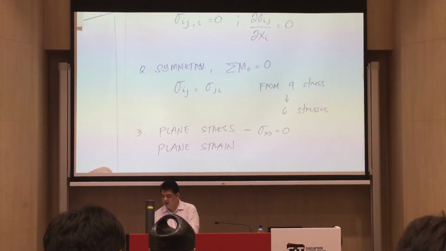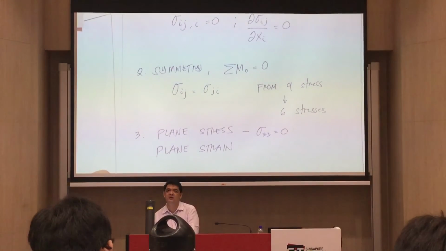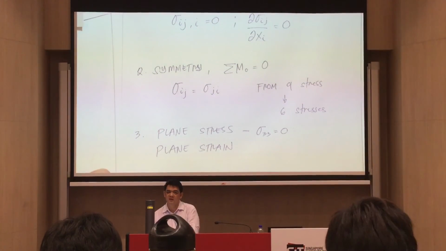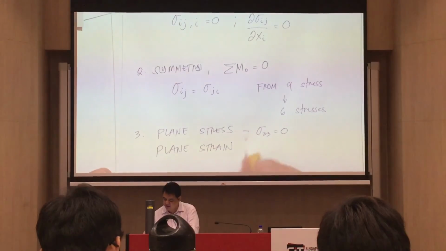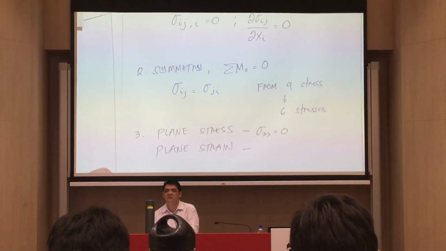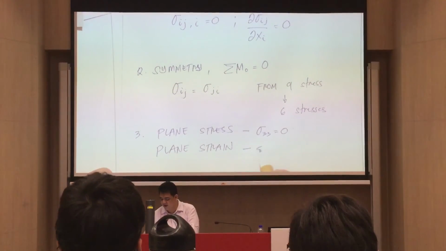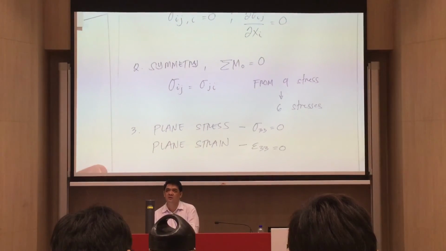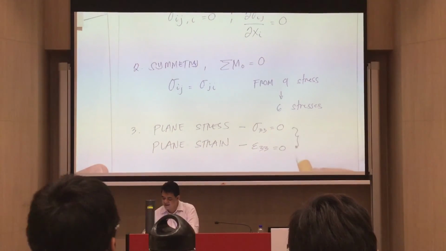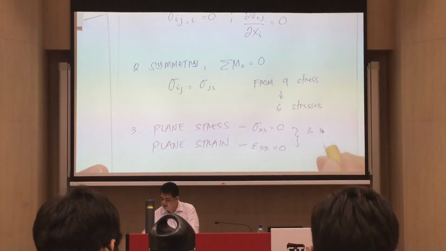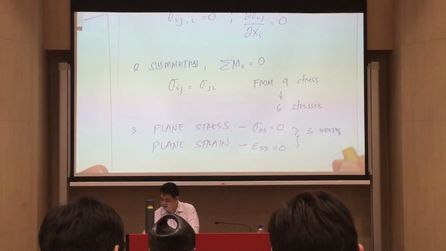So again, your independent stresses will be reduced to 3. Similarly, for plane strain, we assume that one side is much larger than the other two sides, so that you have now your strain 3 equal to 0. Then again, from this assumption you have 3 independent stresses.